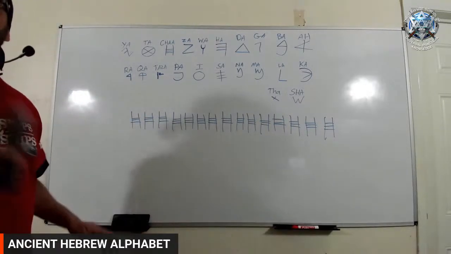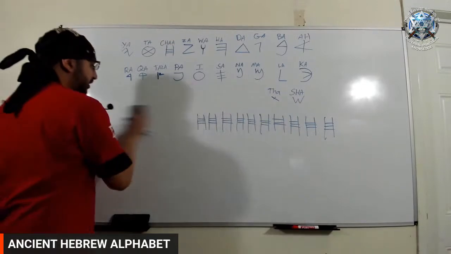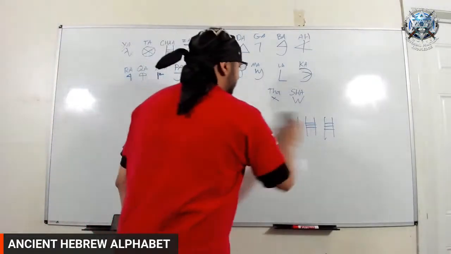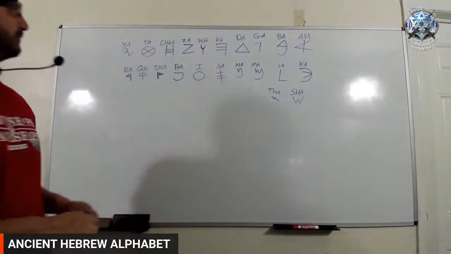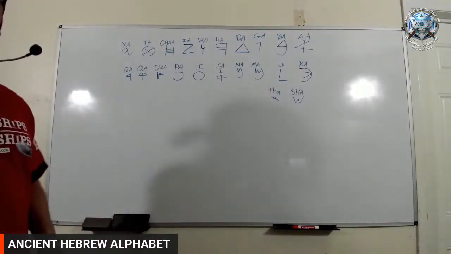All right. I hope it's showing up clear on the camera. It looks like it's good. All right. Moving forward. That's the letter Kha. Okay. Next one up, the letter Ta.